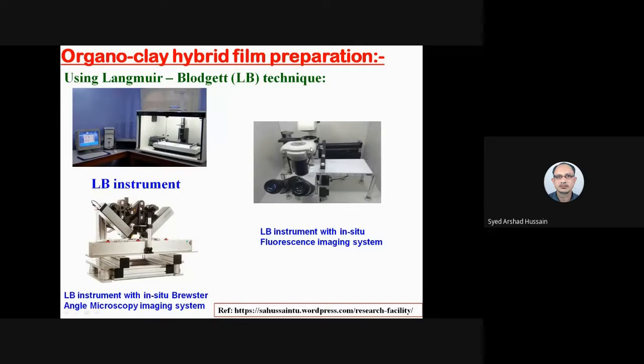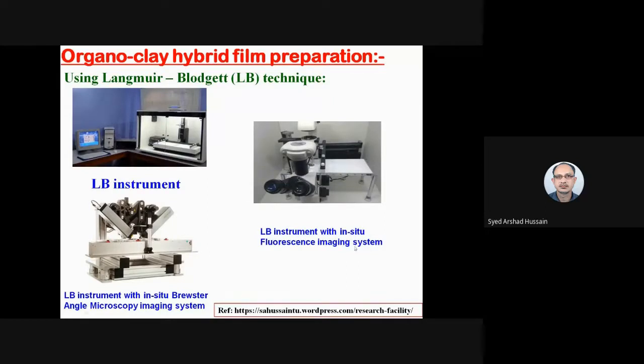So during film formation, you can observe the happenings. Similarly, this is attached with Brewster angle microscopy, so you can have an idea how your material is going to be organized during film formation.